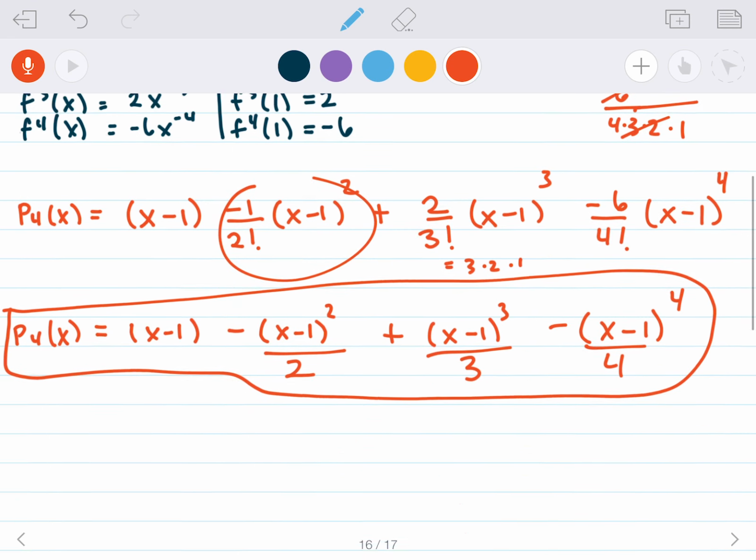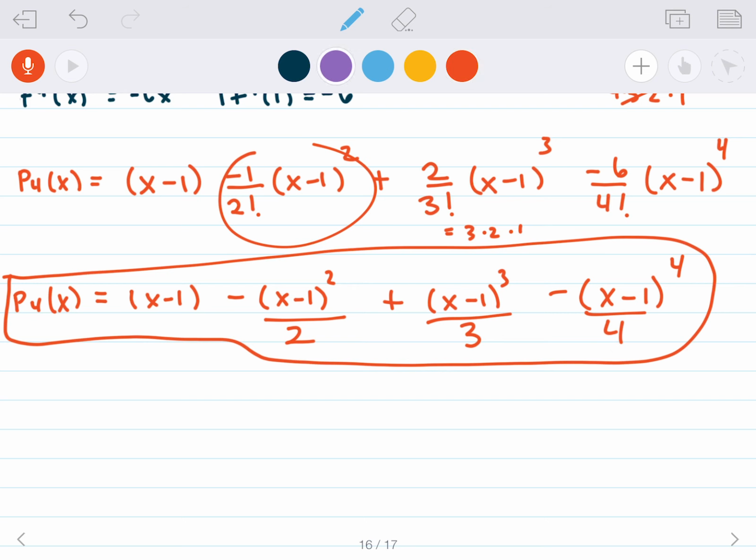So what if you wanted to approximate ln of 1.1 with our polynomial? Well, we would just plug in 1.1 for x, and then we would compare that value.